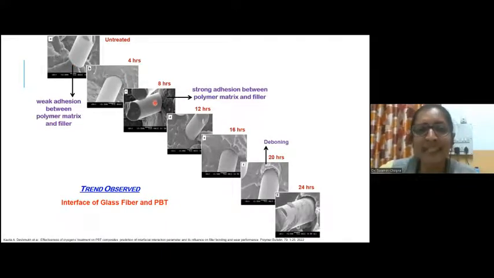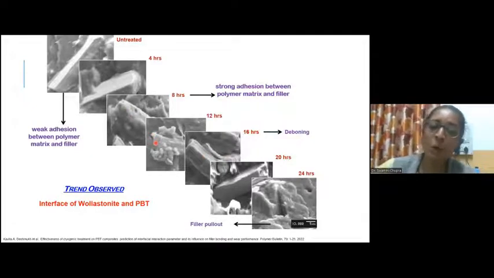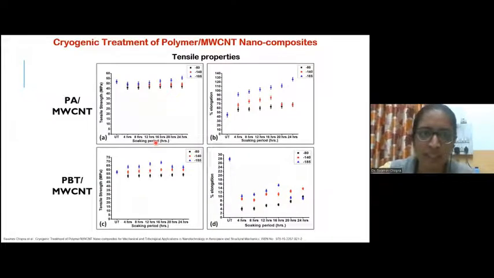Here you can see how the different soaking periods are affecting the bonding between glass fiber and polymer composite. A similar trend was found between wollastonite and polymer composite, where the soaking period plays a very vital role on the adhesion parameter in composites, and the stronger the adhesion, the better will be the mechanical properties.